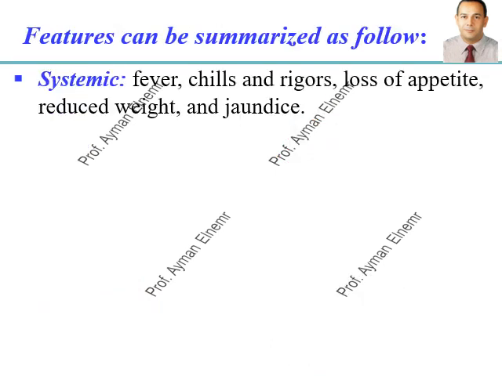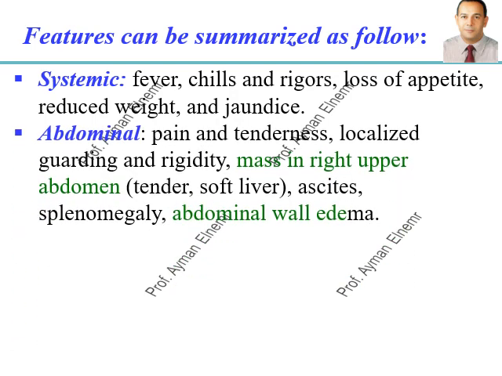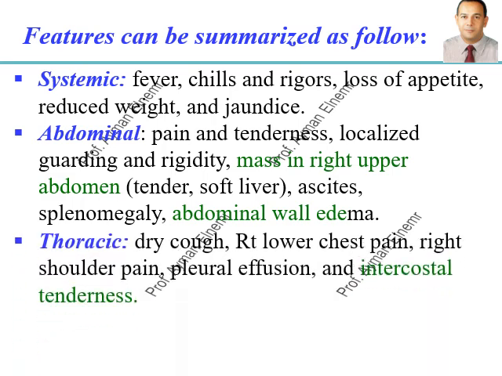The features can be summarized as follows. Systemic features like fever, chills, rigors, loss of appetite, loss of weight, and jaundice. Abdominal features like pain, tenderness, localized guarding and rigidity, a mass in the upper right abdomen, a tender and soft liver, ascites, splenomegaly, abdominal wall edema.